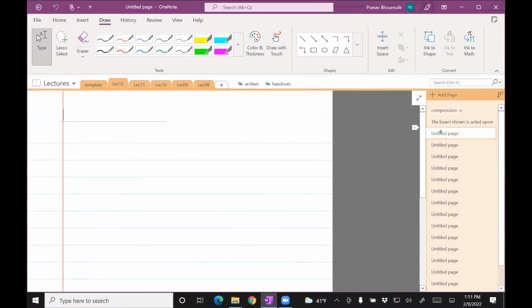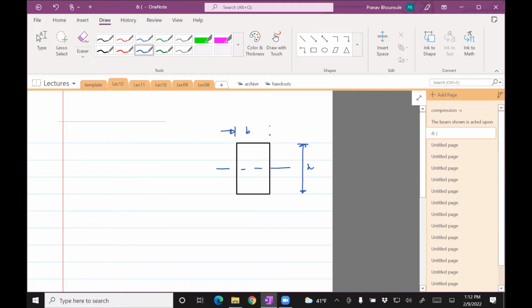What we know so far is that if you have a box and it's solid, with height h and width b, then the inertia about this axis is b times h cubed divided by 12.